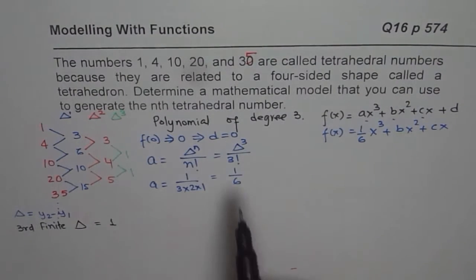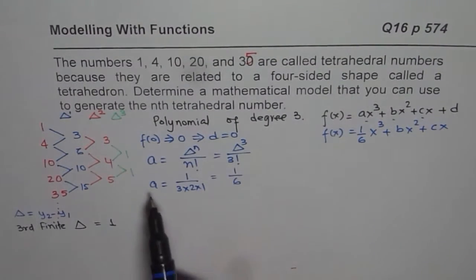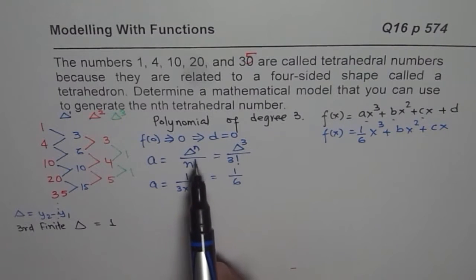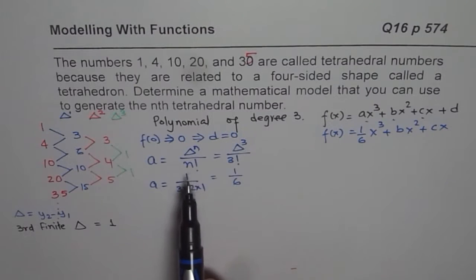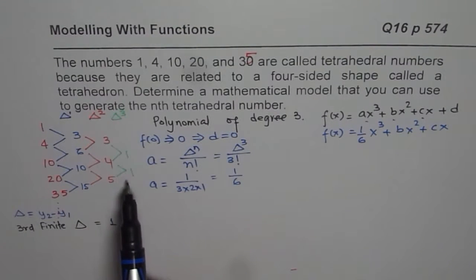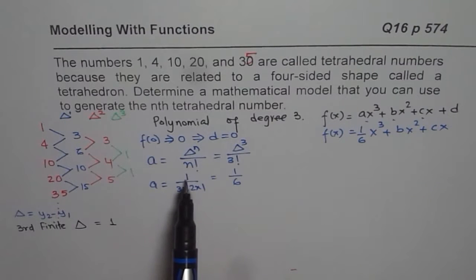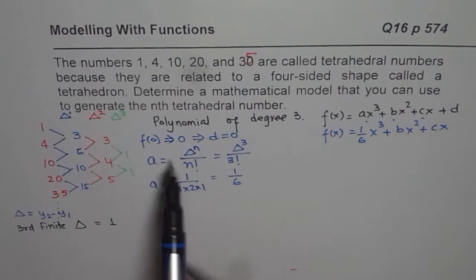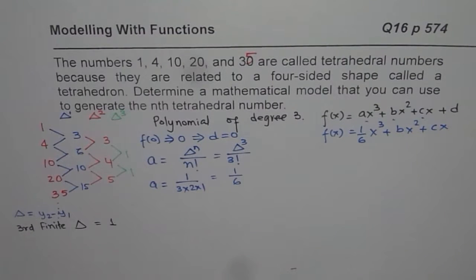You get the point. We have substituted d as 0 and a as 1 over 6, and that's a very standard formula which you can always apply for any polynomial. Once you find the third finite difference is constant, then the constant finite difference divided by n factorial, which is 3 in our case, gives you the value of the leading coefficient a.